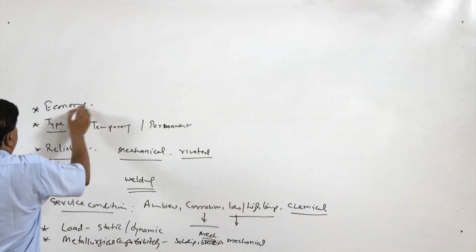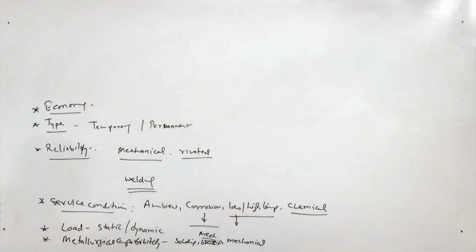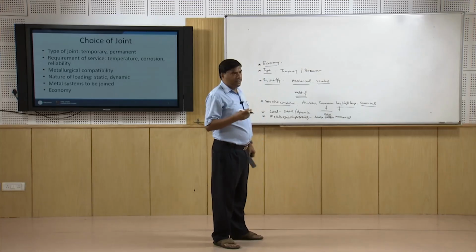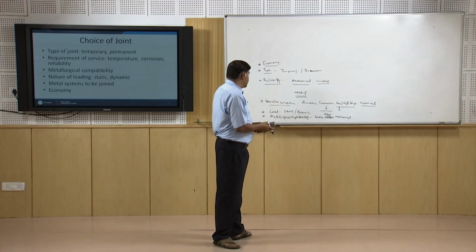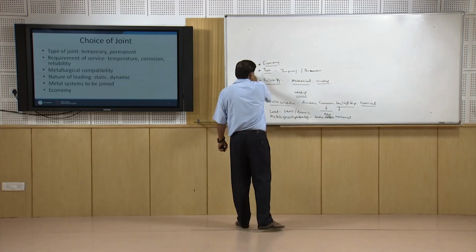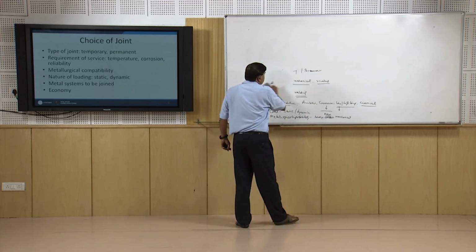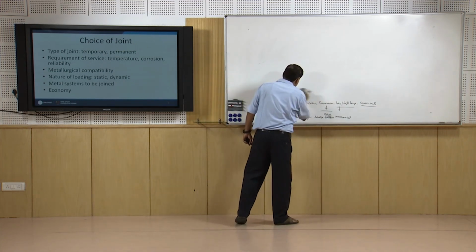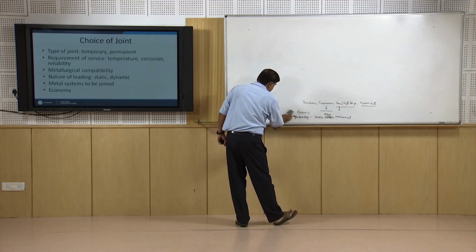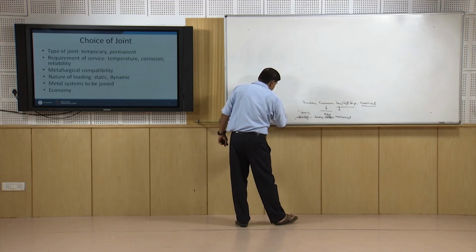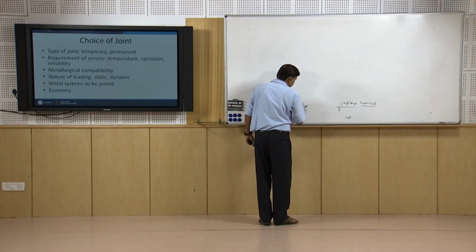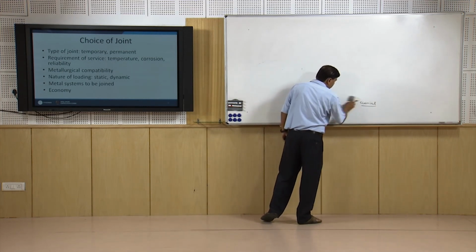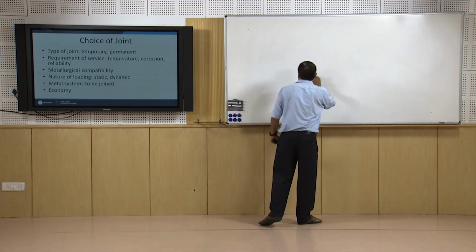Whatever type of joint we select, we need to be able to produce it at low cost, and it can perform the intended function. Okay. So, these are some of the characteristics which need to be seen so that the joint performs as expected at the minimum cost.